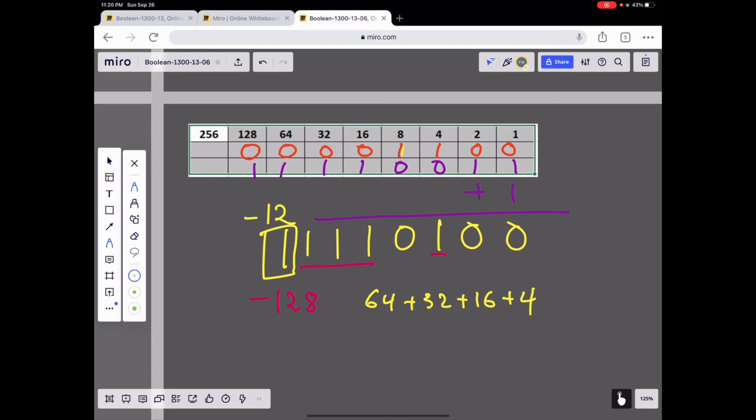So you got 20, 52, 52 and 64 equal 116. So subtract 116, equal 12. And this is negative, so the negative 12. All right, so that is how you find the two's complement representation of decimal negative 12 using 8-bit words.